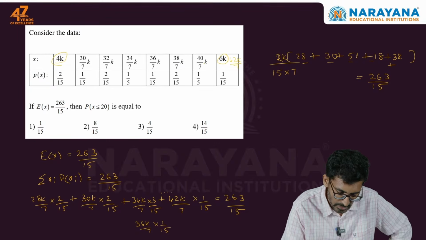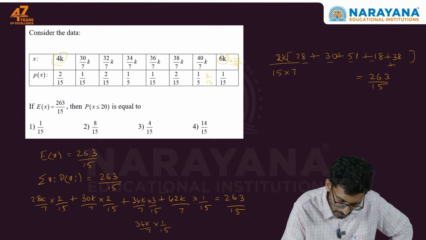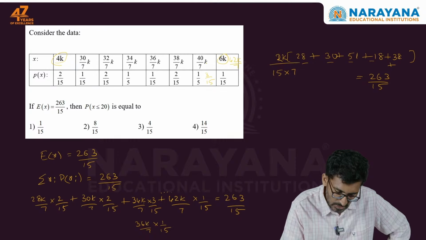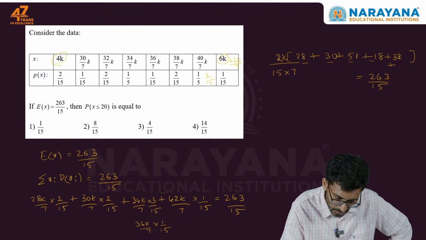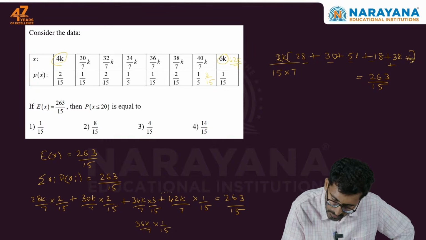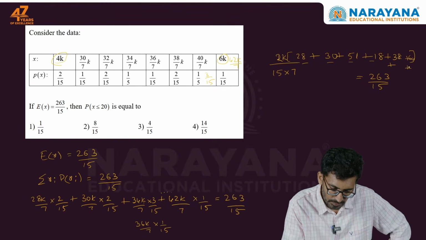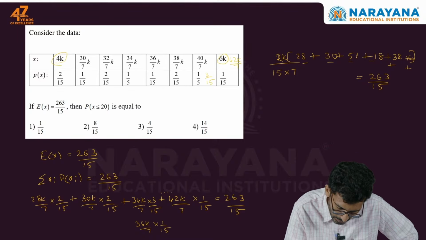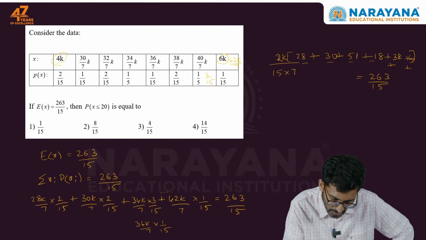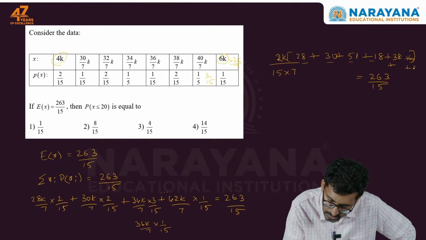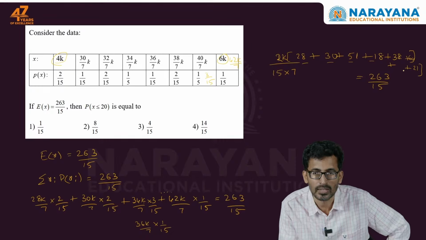Next one, here we are taking out 2k by 15. So I will write it as 3 by 15. So 2k by 15 into 7, it is 60. So I will add these terms. Next one, it is 42k. So I am taking out 2k by 15 into 7. So here 21. Now you add all these terms.